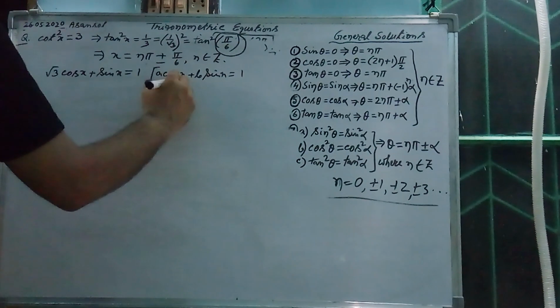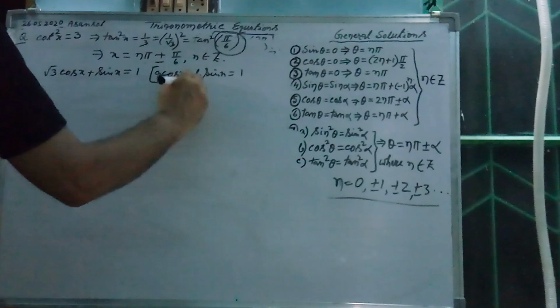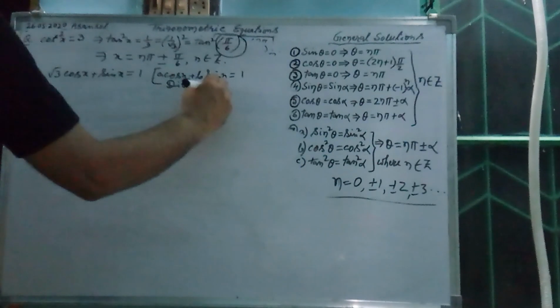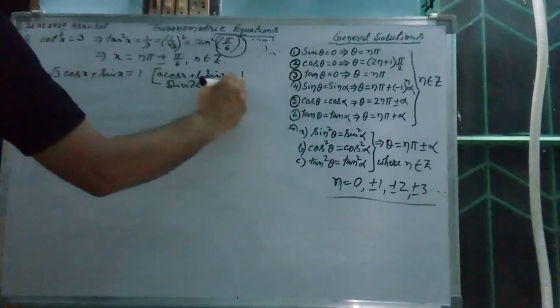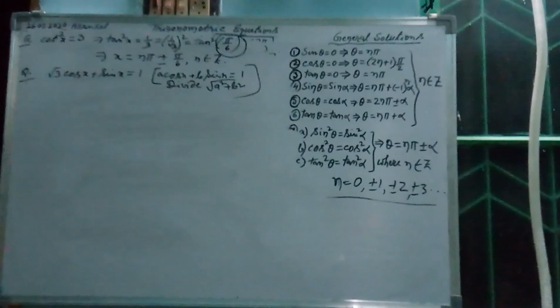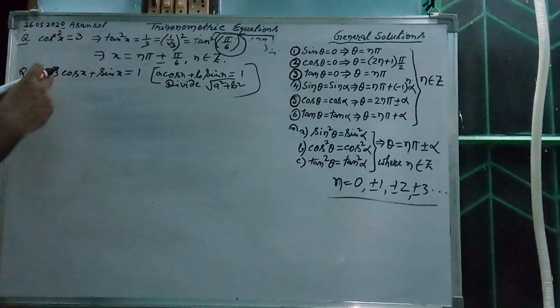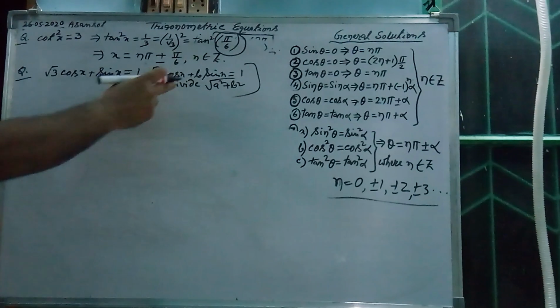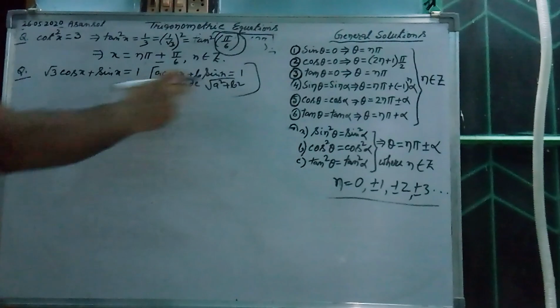Then what to do? Divide both sides by root over of a square plus b square. If you get such a form, then divide both sides by root over a square plus b square.